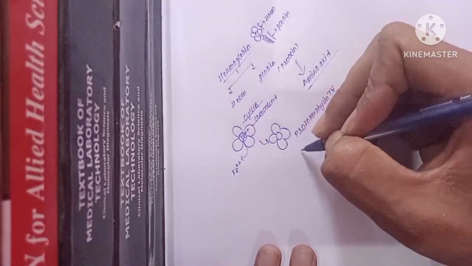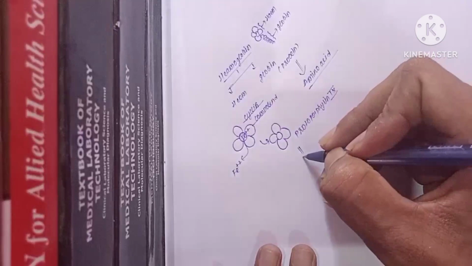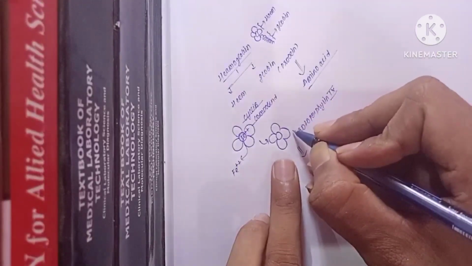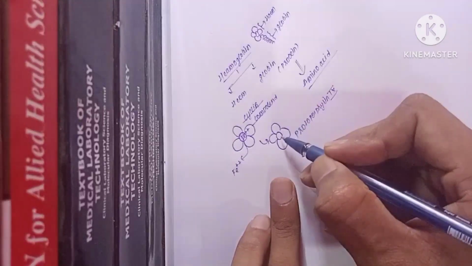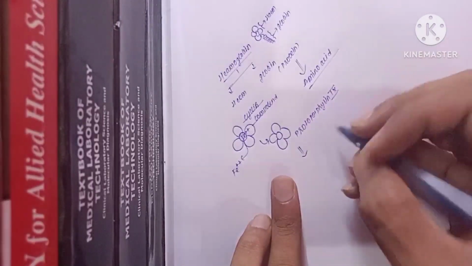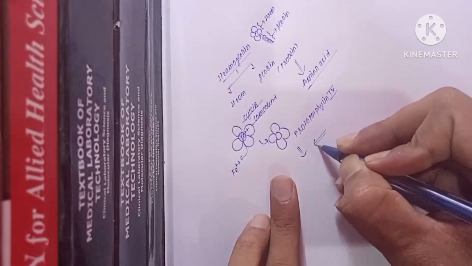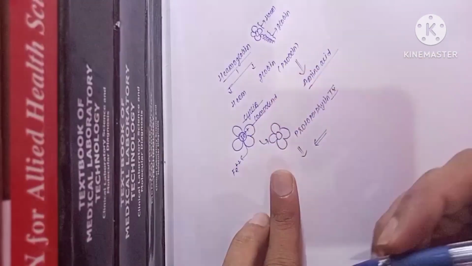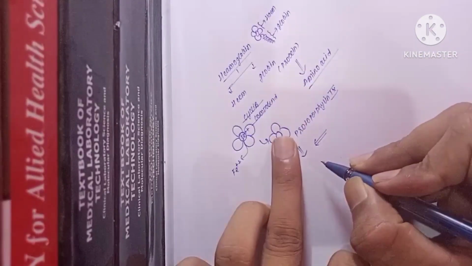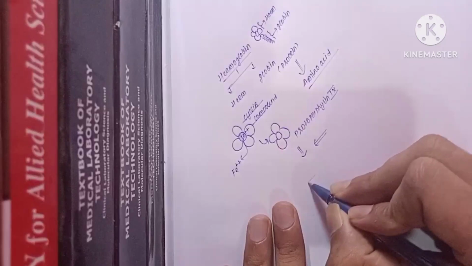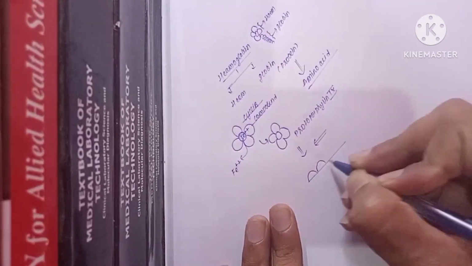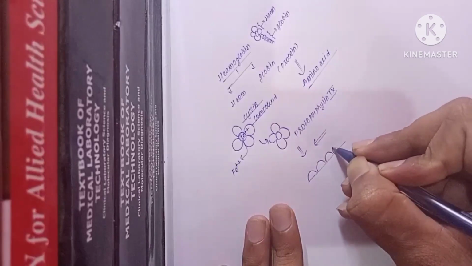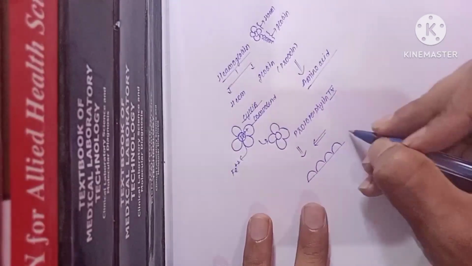Then there is an enzyme which works on this protoporphyrin 9. Actually this is a cyclic compound, so the enzyme cuts this protoporphyrin 9 and makes this cyclic compound into a chain compound, like that, a chain form.